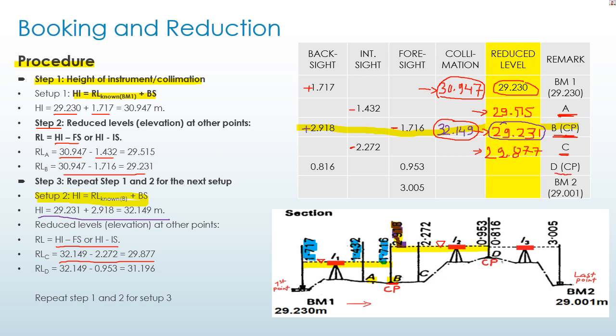For point D, in the same setup over here, height of collimation minus the reading. So that gives you 31.196.